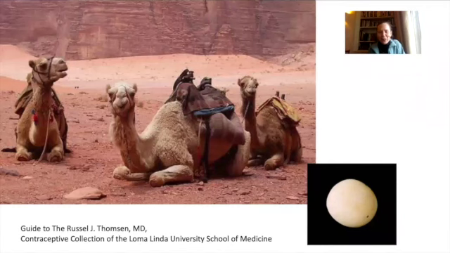So the story of intrauterine contraceptives is one that goes back many, many generations and is attributed to the genius that allowed transit across the deserts with camels. It was noted that it's actually rather inconvenient to have a pregnant camel on your caravan when you're trying to move large volumes of materials across an inhospitable environment.